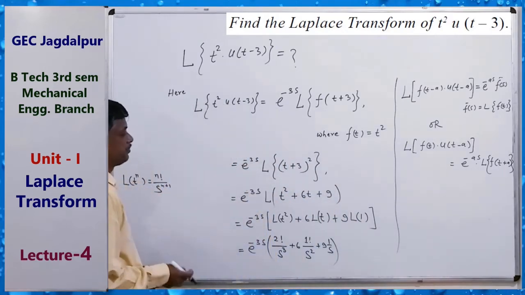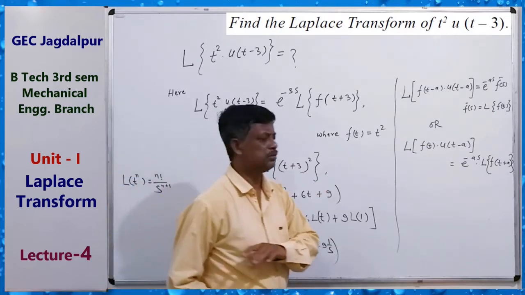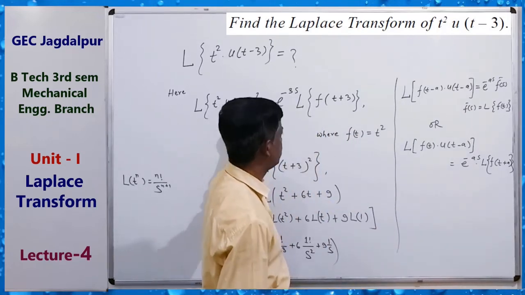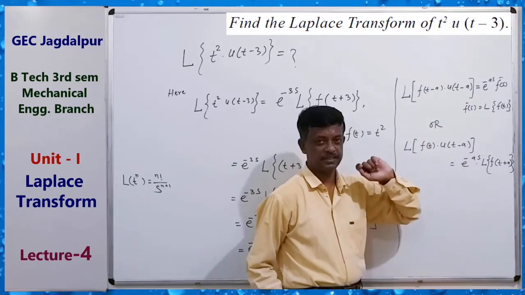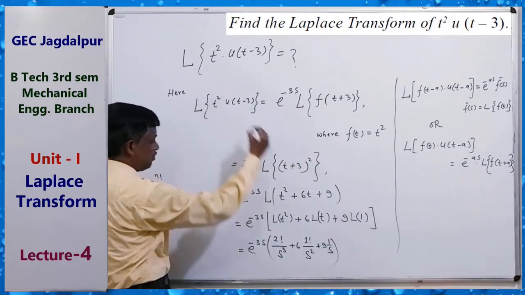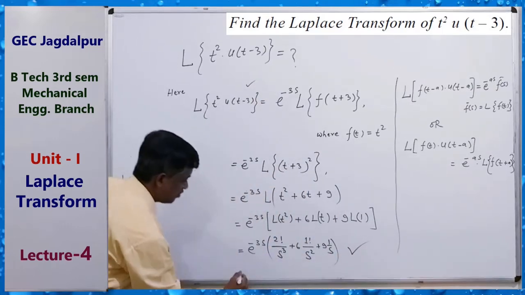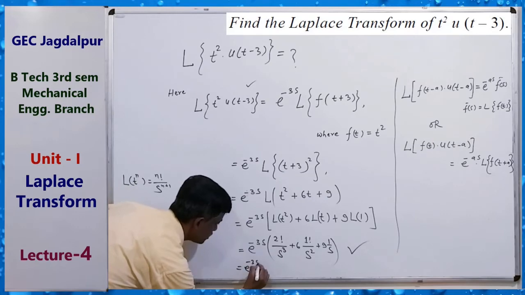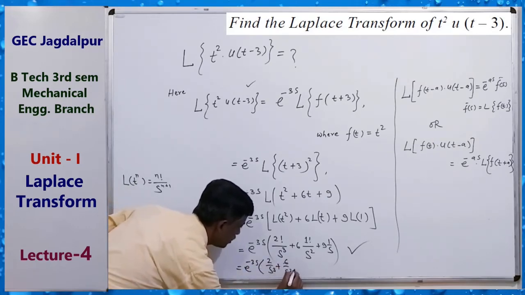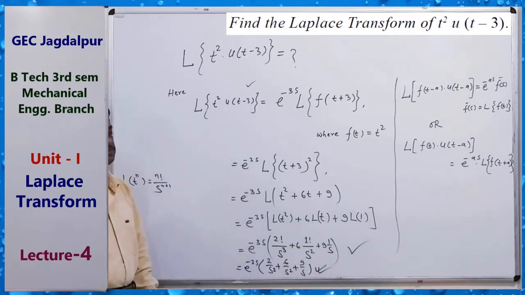Finally we get this, only a simple use of this formula. You can also convert it in terms of this, but this is very simple. So the Laplace transform of this function is e to the power minus 3s times 2 by s cube plus 6 by s square plus 9 by s. This is our Laplace transform.